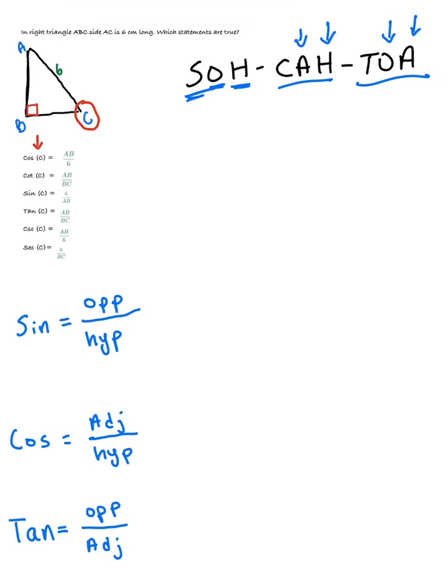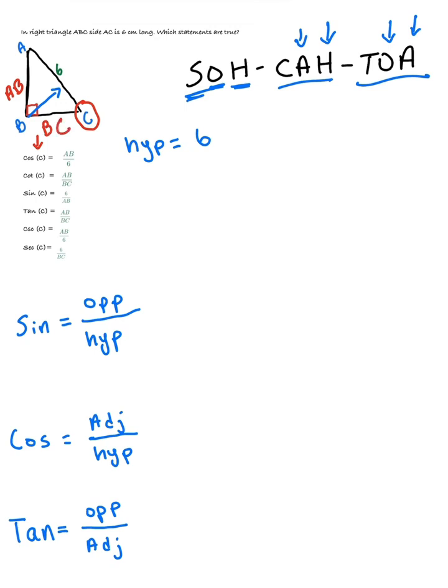We know the hypotenuse, since it's given to us. The hypotenuse is always directly across from the 90-degree angle, so I'm going to put HYP, and I know that is 6. We don't know the length of this side, but I'm going to call it side AB, and this other side is side BC.